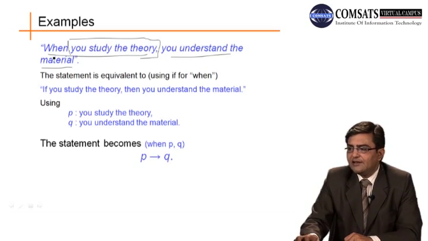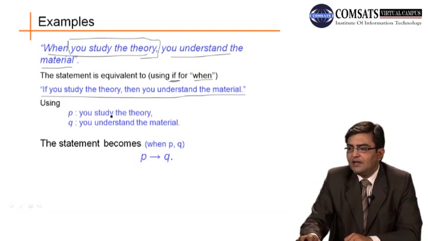So we conclude here that if we are given a statement like this, when you study the theory, where when is used as if, the above statement can be written as, if you study the theory, then you understand the material.